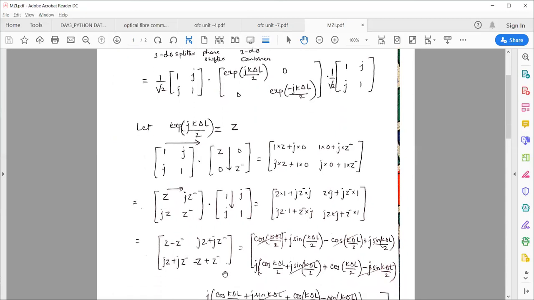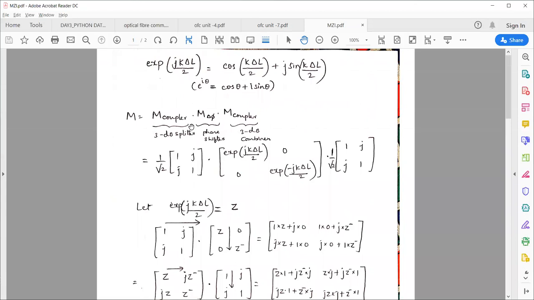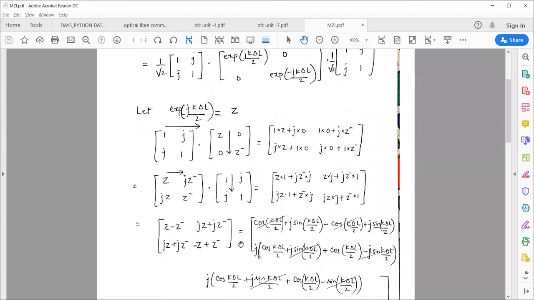Then replace z with exponential of jk delta L by 2, and expand it as cos k delta L by 2 plus j sin k delta L by 2. After you replace z and expand the exponential as cos plus j sin theta, you can find that some terms will get cancelled.